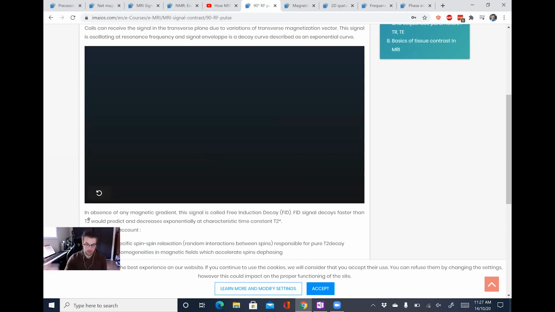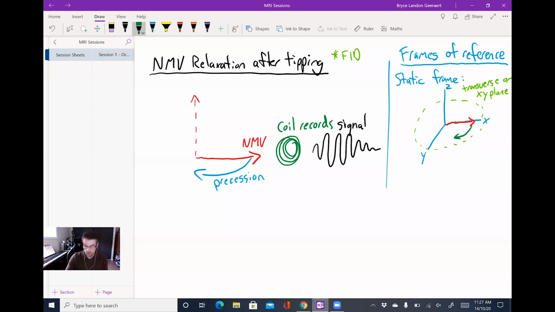But there's another way for us to understand what is happening with the NMV, and that's with the rotating frame of reference. That's the other one we want to briefly touch on. So in this case, we have, again, our X, Y, and Z axes. But instead of keeping them static, we're going to get the X and Y axes to rotate with the NMV.